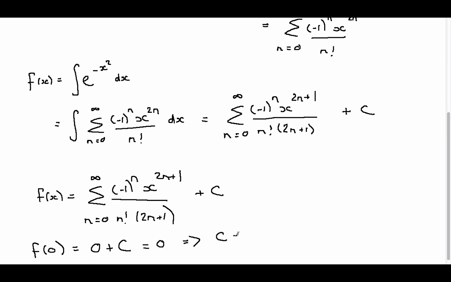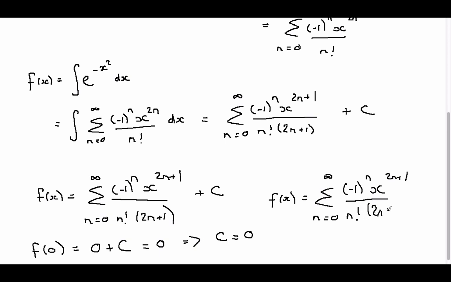Therefore we see that c equals 0, and f of x is therefore just the sum from n equals 0 to infinity of minus 1 to the n x to the 2n plus 1 over n factorial times 2n plus 1.